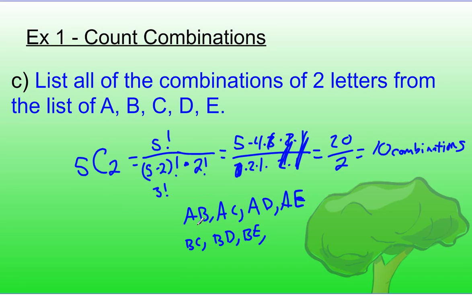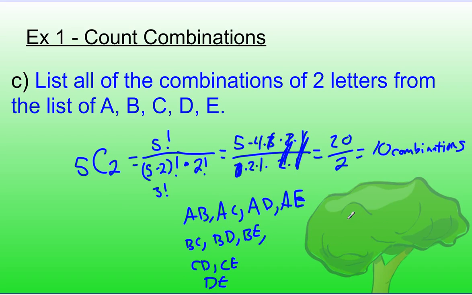These three and that one are all the possible combinations that have a B in it. We've got CD and CE. So this and that one are all the 4 ways you could have a C in it. And finally, DE. So 1, 2, 3, 4. These are all the possible ways of having a D.